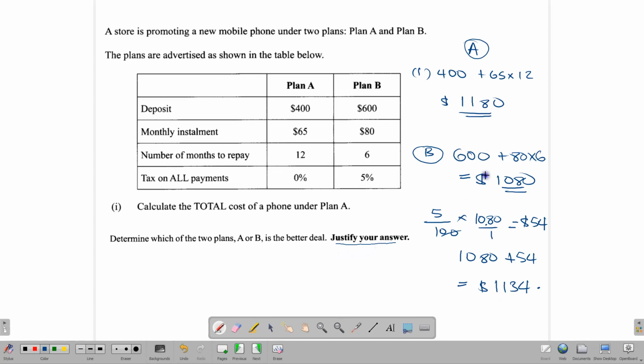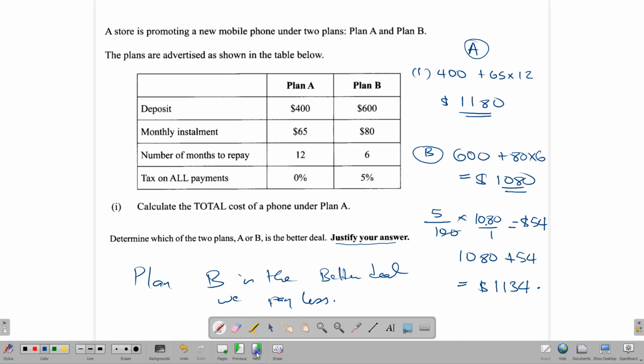And since $1,180 is more than $1,134, then Plan B is the better deal because obviously we pay less. And importantly, it's for the same phone.